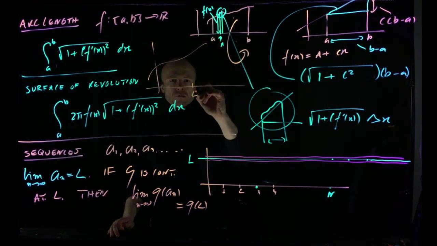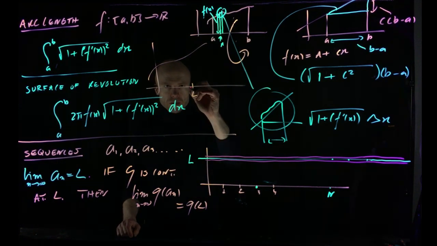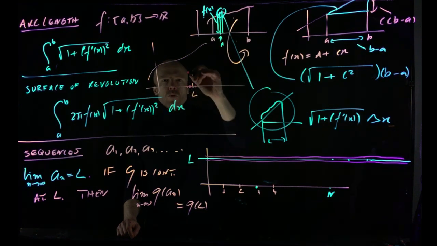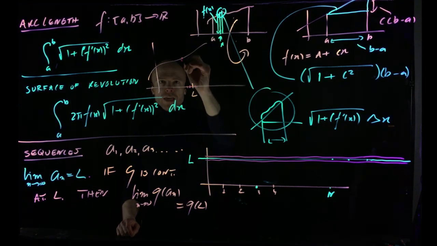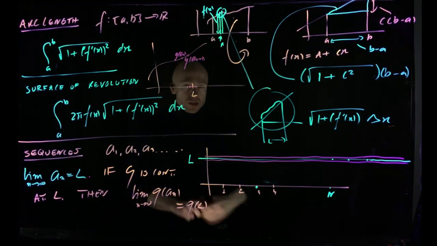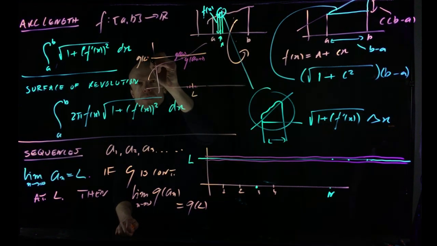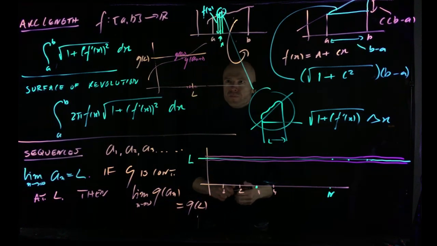This could be L right here. And we know that these a_n get closer and closer to L, so let's put little dots here to indicate these a_n getting closer and closer. So what would be g(a_n)? It'll be something here, right? This is g(a_n). This could be g(a_{n+1}), and so on. And they are, sure enough, getting closer and closer to g(L). You can just see it, right? The picture just shows it to you.